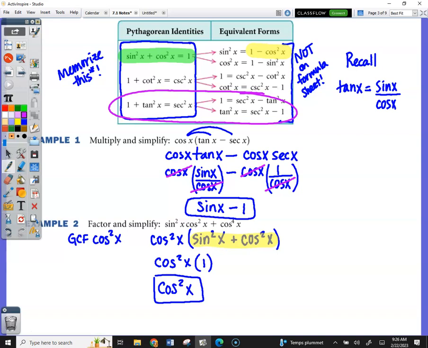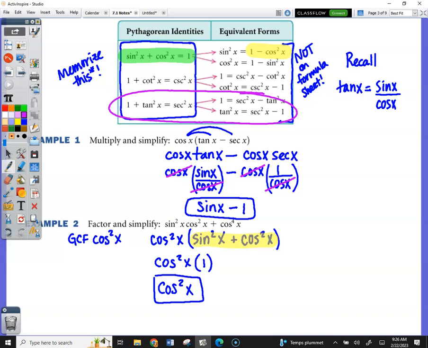In my opinion, this is where it ends up not being any cleaner. I personally think this is cleaner than this, but this is where they want you to go. So right here, I replaced tan squared with this. Oh yeah, and then multiply.